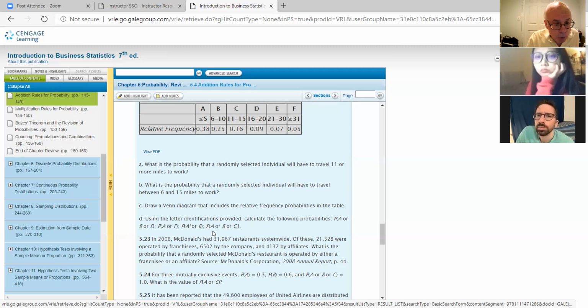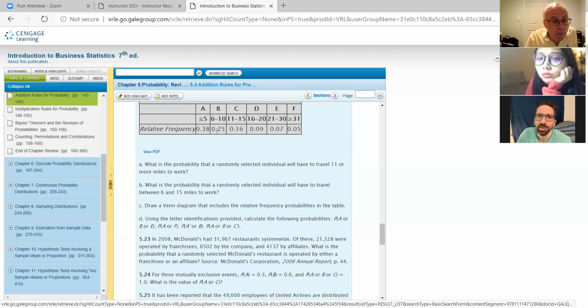And then the last one would be A or B and not C. I think that's a not C there. Is that a not C? Let me see. Hold on. I get my face really close. Yeah, it looks like it's not C. So it's A or B or not C. The actual book is clearer. Yeah, go ahead. 0.84. So it's A or B. Oh, A or B. Okay, sorry.